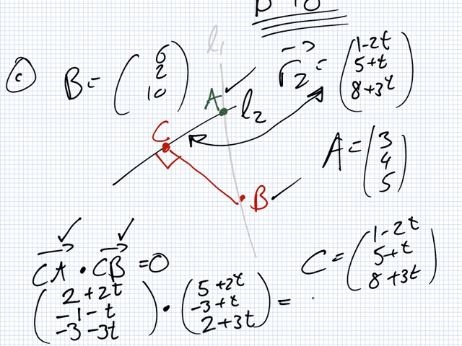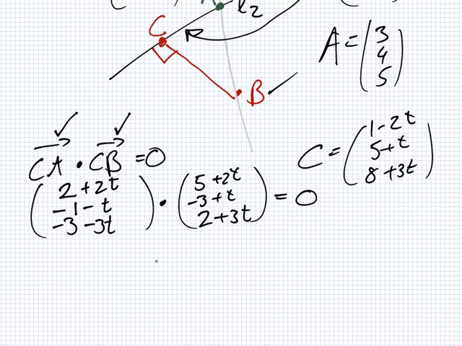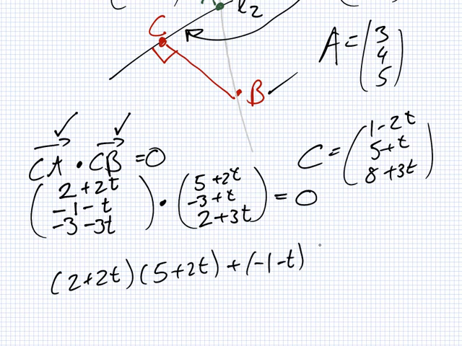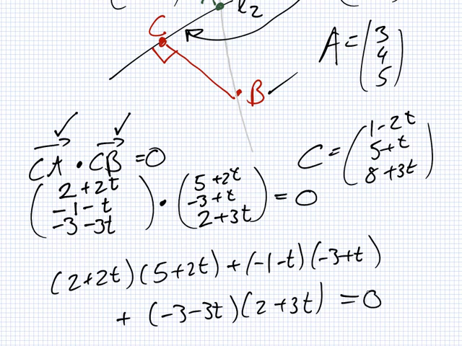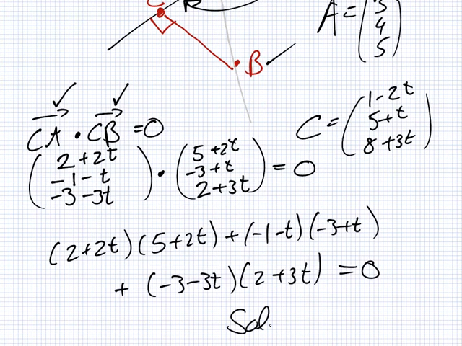And when you dot them, you should get 0. What type of equation will we get here when we expand? Linear or quadratic? Quadratic. We can solve for t and then put it back in here and we found C.